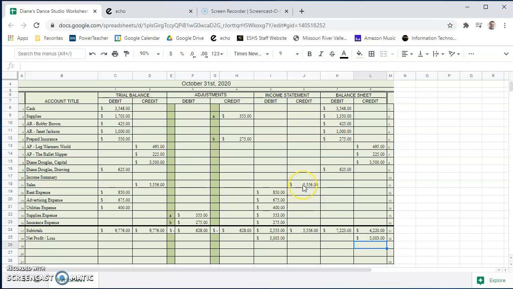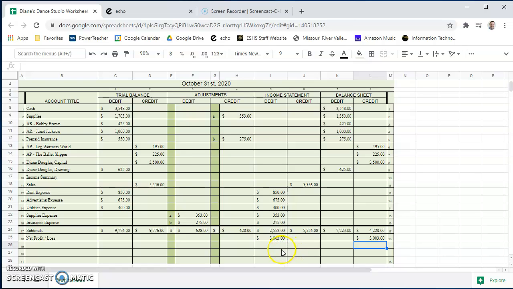So by subtracting these two numbers, we're going to show the difference between the money that we earned through sales and the money that we spent through expenses. The difference was $3,003, and our revenue is higher than our expenses. Because of that, we can show that this business has a net gain or a net profit.